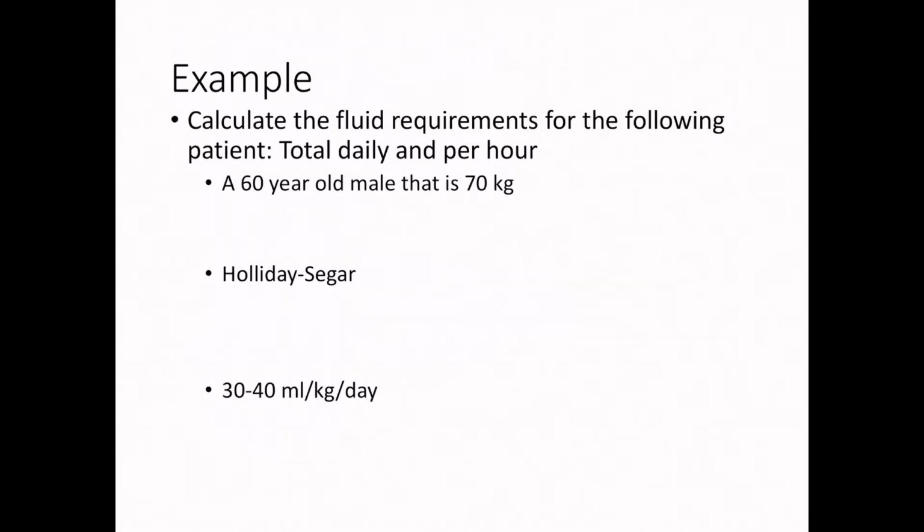Let's do an example calculation. So we're going to calculate the total fluid requirements for the patient based on their total daily and per hour requirements. Let's do the Holliday-Segar equation first. So this is a 60-year-old male that is 70 kilograms. So they get the equation for those that are over 50 years old. And so that equals 1,500 milliliters plus 15 milliliters per kilogram for every kilogram over 20 kilograms.